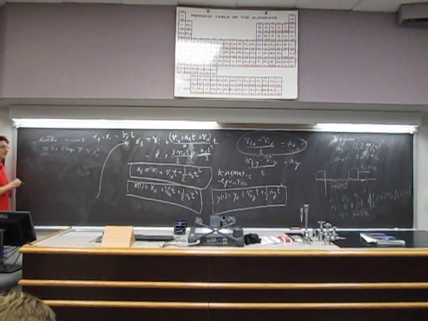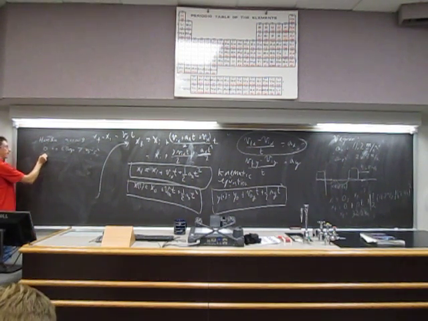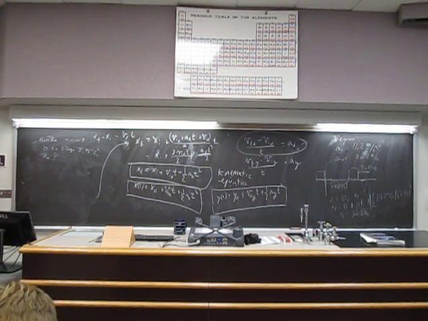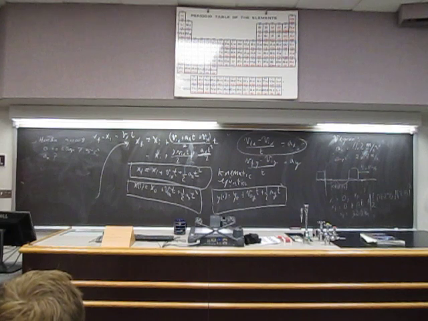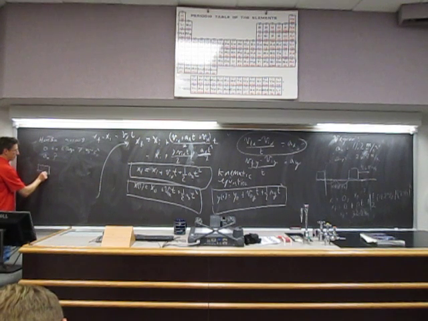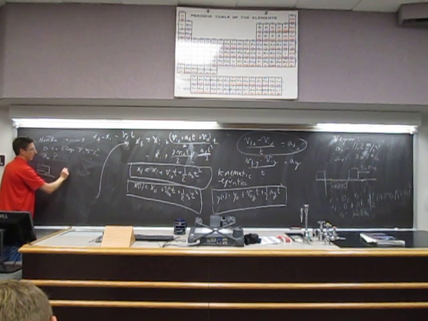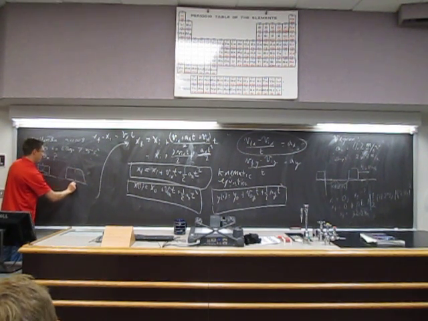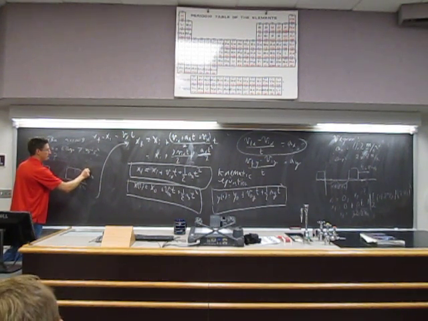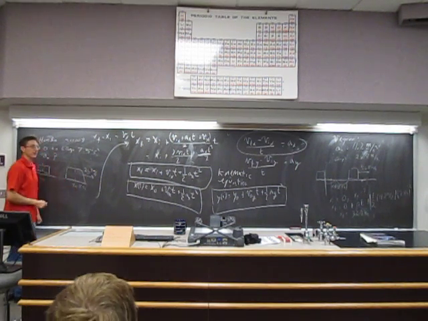So 7.5 seconds. What would be the acceleration? Let's see if we can figure this out. If I start this car out, it's at t equals 0. It's not moving. At t equals 7.5 seconds, it's moving with a velocity of 26.8 meters per second in the x direction.